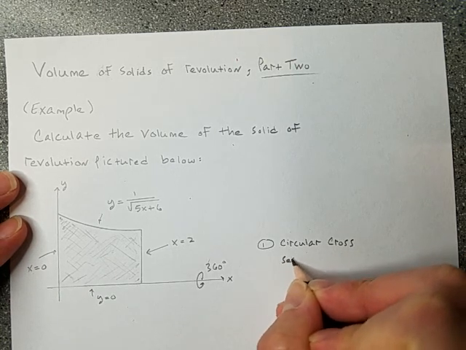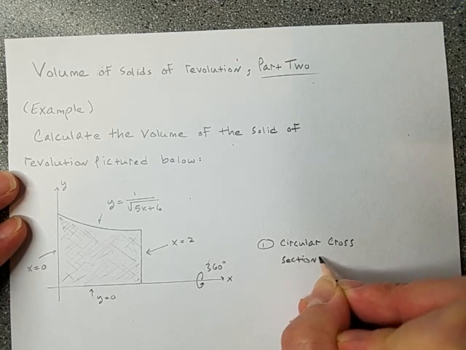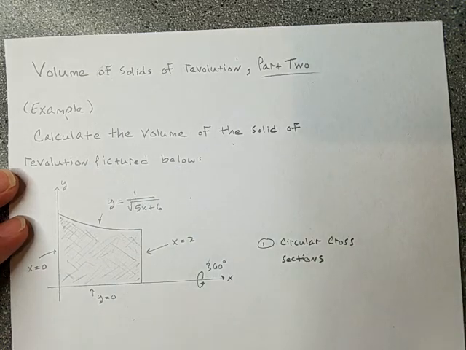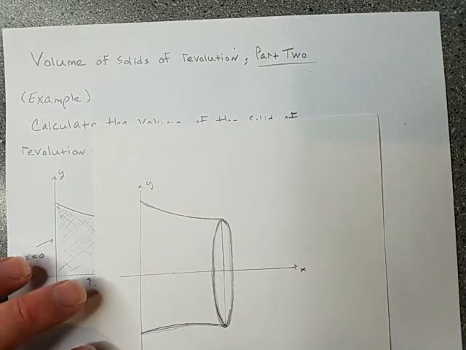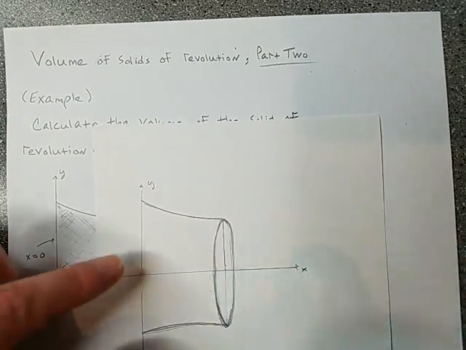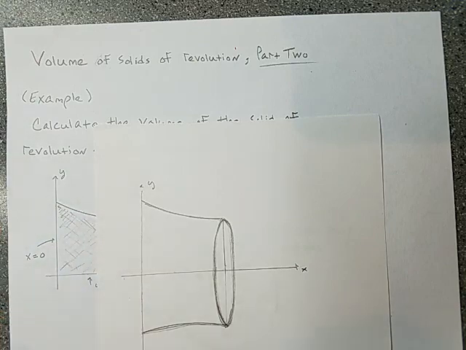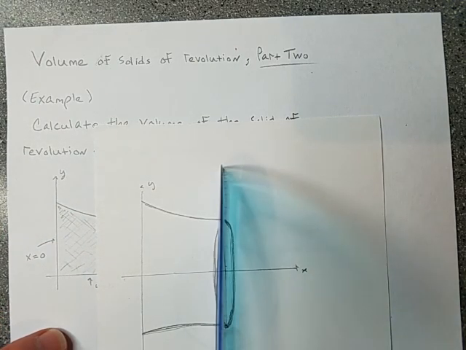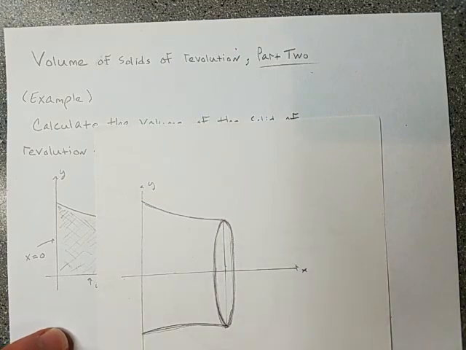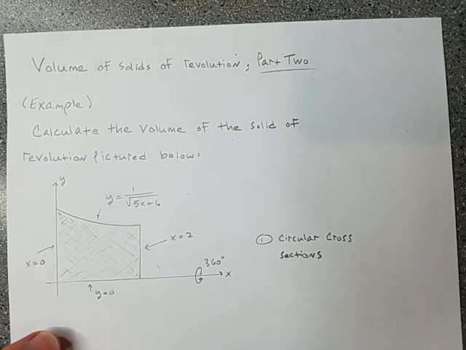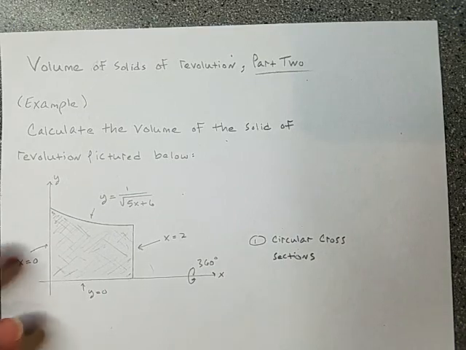The first step of my outline in the other video was to identify to yourself what kind of cross sections you'd get. If I took this, which is made by rotating that 360 degrees around the x-axis, and I cut it into these tiny thin slices, every cut perpendicular to the x-axis, then I would get these circular slices, or circular cross sections.